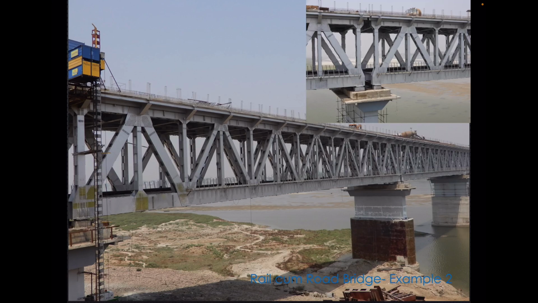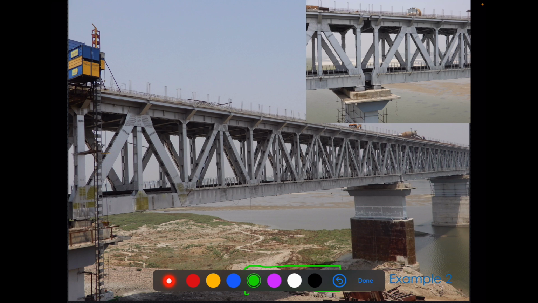Let's see another example of rail cum road bridge. This is basically a bolted structure, as you can see. Again, the road system has been provided at the top, as you can see, and some construction equipment, since this photo is at the time of construction, and the train system is at the lower level.